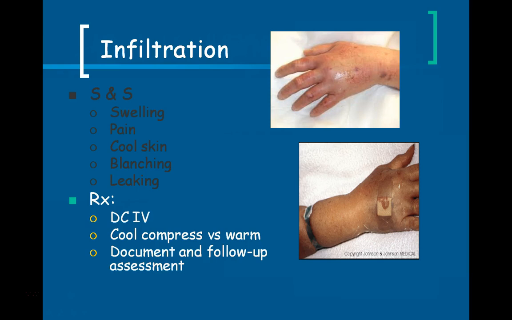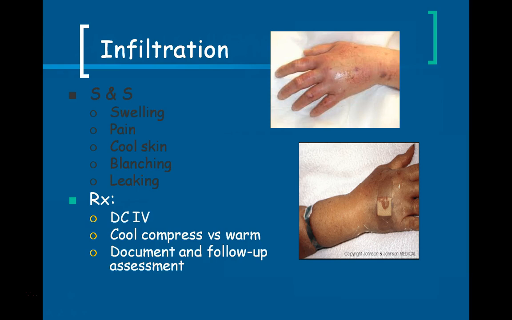And if we have an IV team, we can call them and they will let us know whether we want cool or warm compresses. Otherwise, we may have a protocol for the different types of fluid. If it's a medication, we can call pharmacy and ask them as well. And we want to document the site and do follow-up assessments.